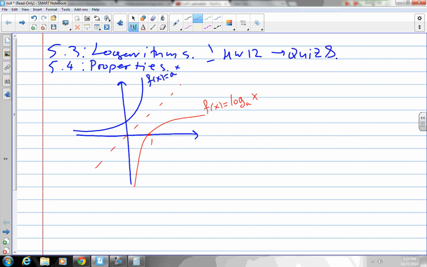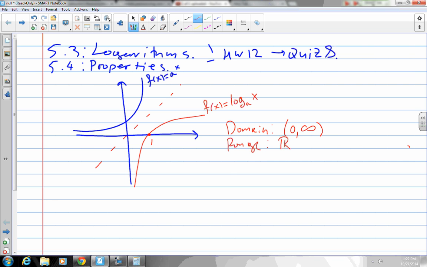Now again, the properties: the domain is strictly positive. So I'll be asking you to find the domain of a logarithmic function. Just like with square roots, we take whatever's inside the logarithm, set it greater than 0, and solve for x. The range is all real numbers.